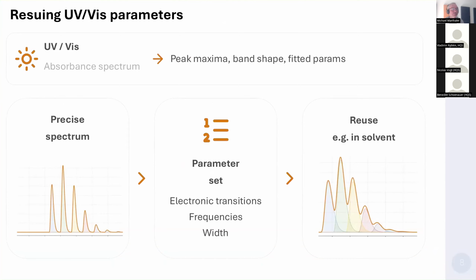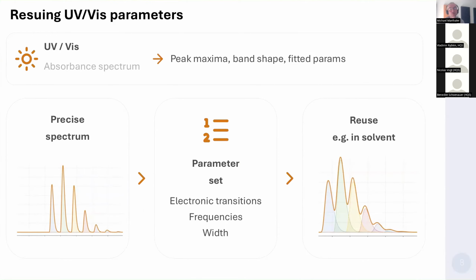And there are two specific spectroscopy modes that we are going to discuss. One is UV-Vis, where we are going to discuss a case where, for example, you can take a spectrum, extract parameters, and reuse it under different conditions.